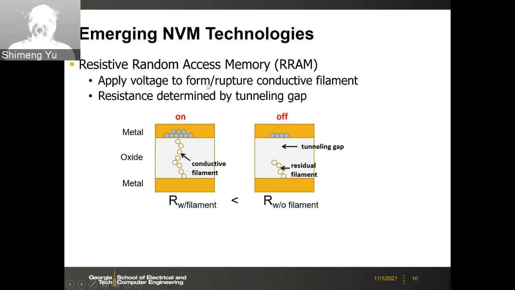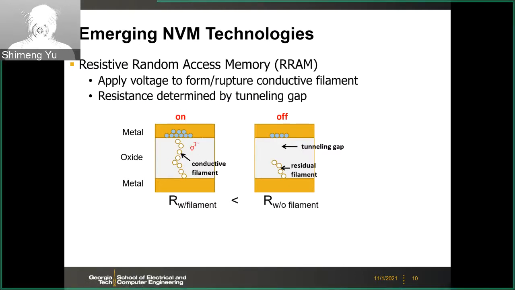But if you apply a large voltage on the top electrode, you can create many oxygen defects, or vacancies. Basically, the oxygen is knocked out of the lattice and becomes an oxygen ion, which migrates to, or is attracted to, the top electrode.